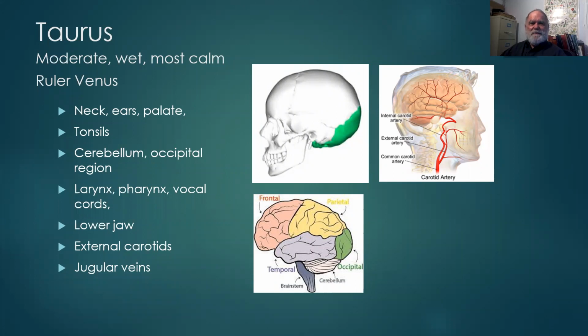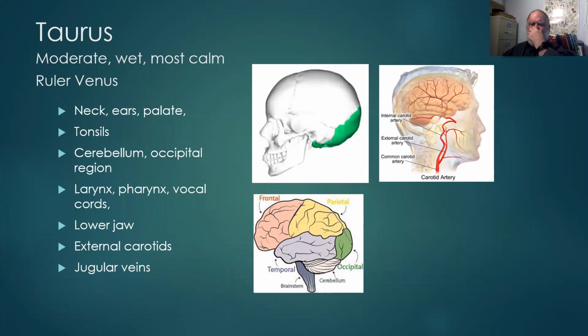But here we go. This is the cerebellum, and right behind it, the very backmost lobe of the brain is called the occipital lobe. It rules the vision, and this shows the occipital area of the skull in green there. So Taurus is the jaw, the ear structures, this lowermost part of the brain, and the bottom part of the skull back there.